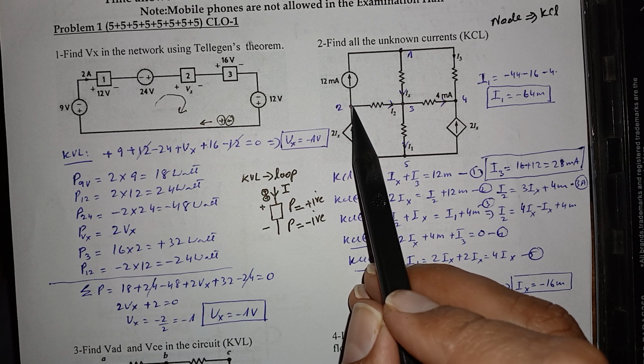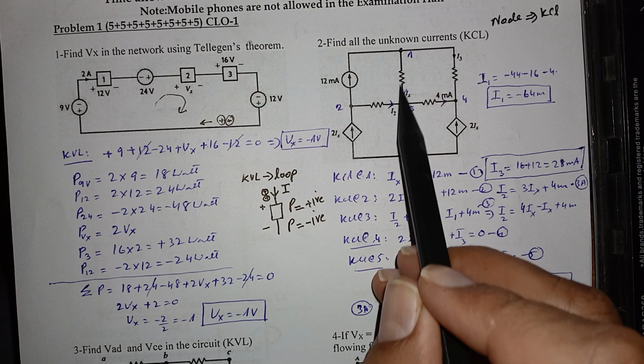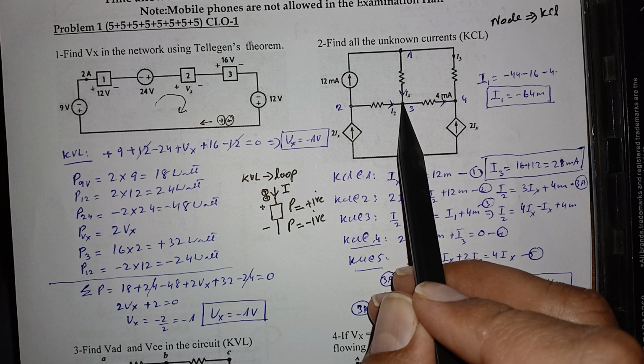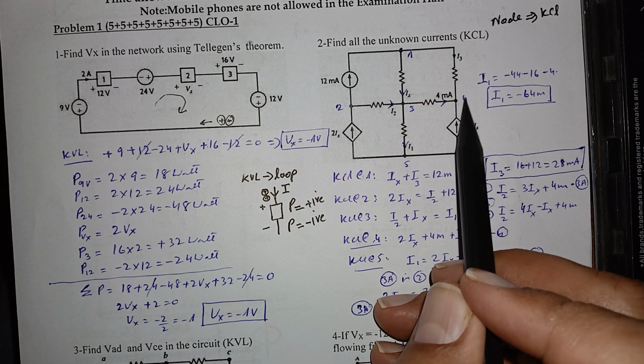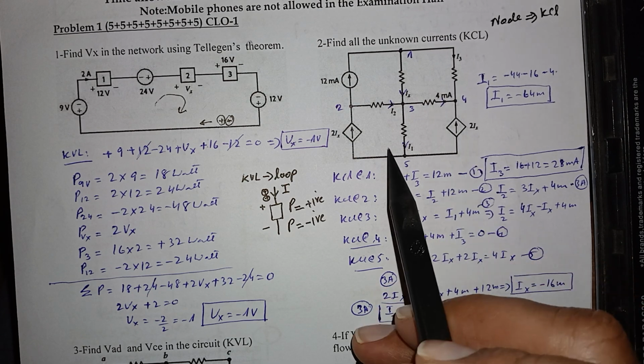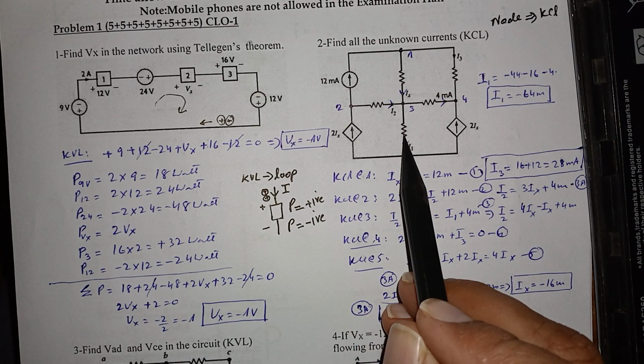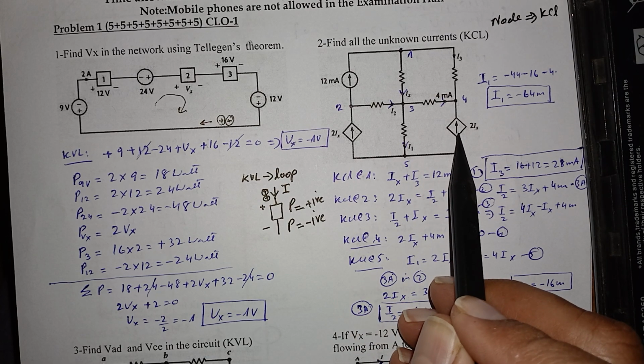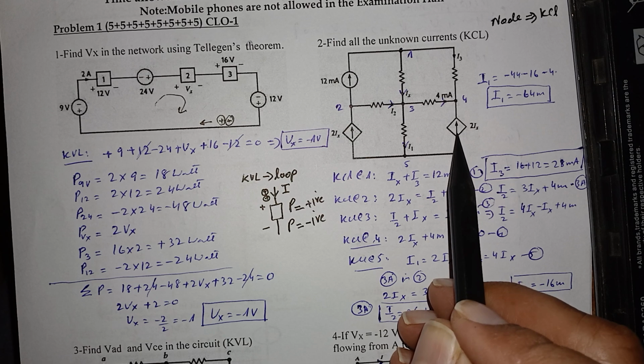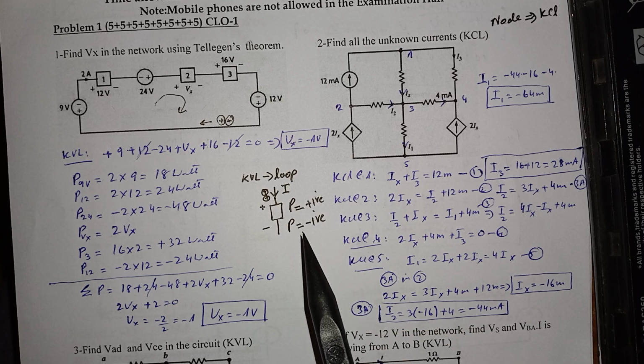This is the junction, so this is the second node. Similarly, these four elements are meeting at this point, so this is a node. These three elements are meeting here, and this is also a node. This is a node because the current source, this resistor, and this dependent current source are meeting at this point.